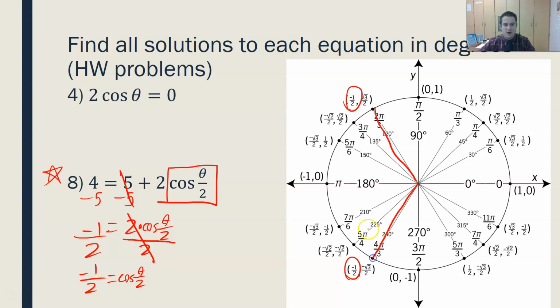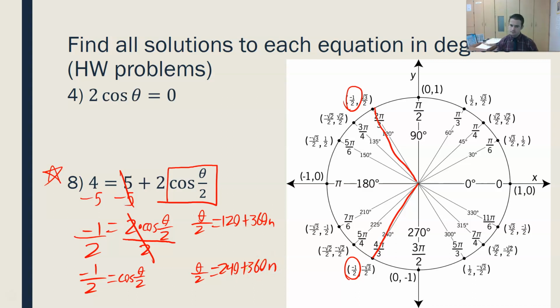So in those two spots, at 120 degrees and 240 degrees. So I have theta over 2 equals 120 degrees plus 360n, because I can go all the way around the circle and get to the same place, have the same cosine value. And then I'm going to have theta over 2 equals 240 plus 360n.